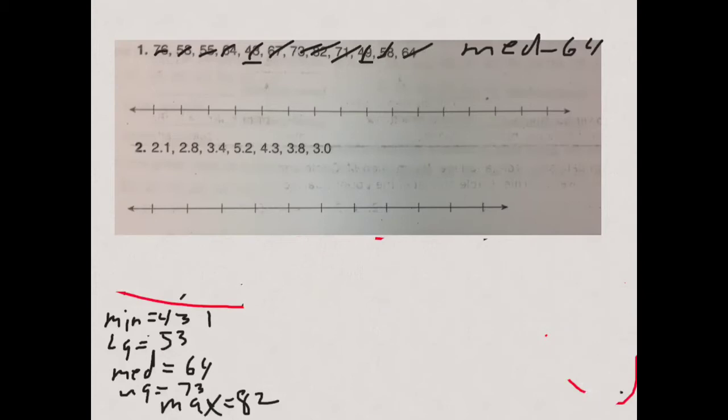Now I can plot my points. I need to organize my information a little bit more. For my number line, I can't just start at 0, and I can't go from 43 to 45. I want to start with a number that's less than 43, something that, if I counted by 5, I would get to. So let's start with, say, 35.